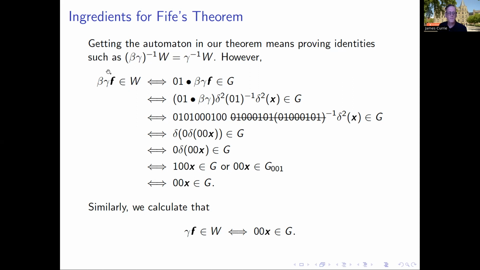So eventually, beta gamma is in W if and only if 00x is good. But we calculate similarly, gamma f is in W if and only if 00x is good. So that means that beta gamma and gamma get you to the same place in the automaton.